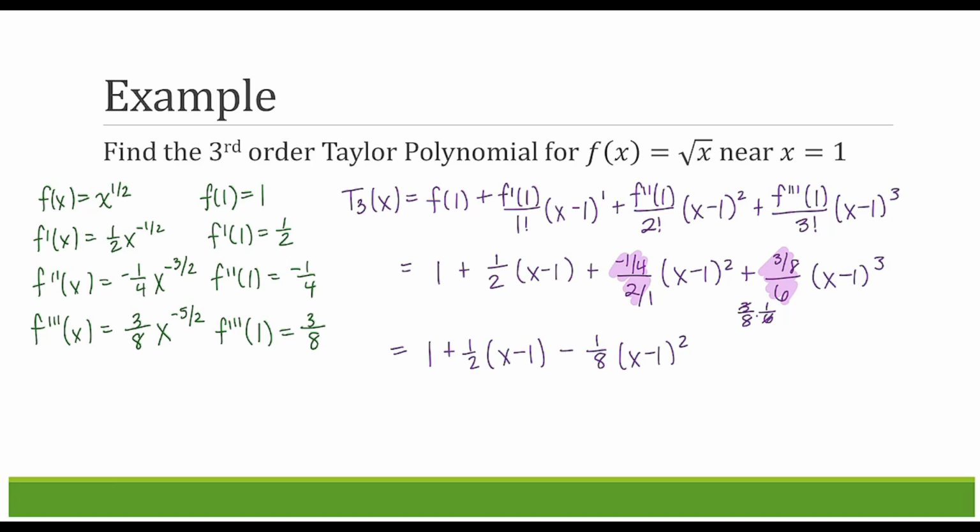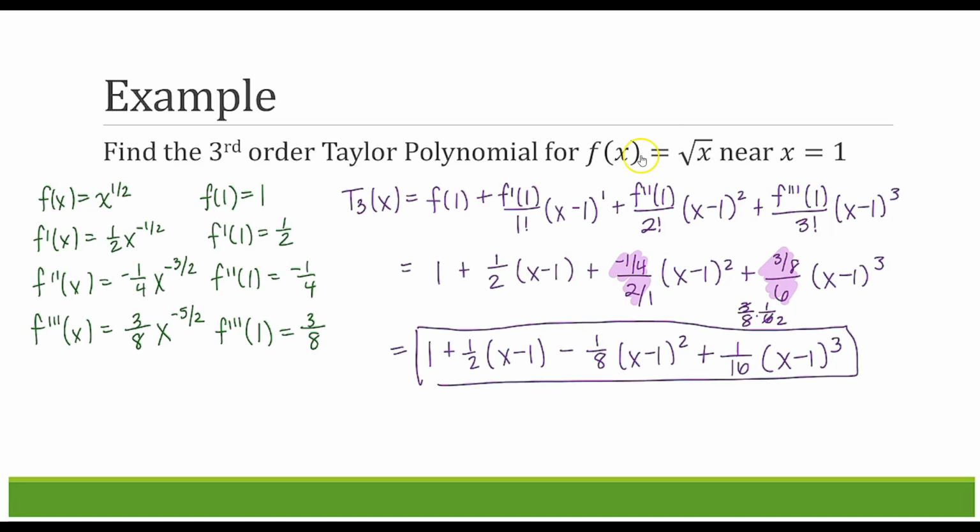And here we can reduce, so we get 1 over 16, 1 over 16 x minus 1 to the third power. So this is my third order Taylor polynomial for f of x equals the square root of x near x equals 1.